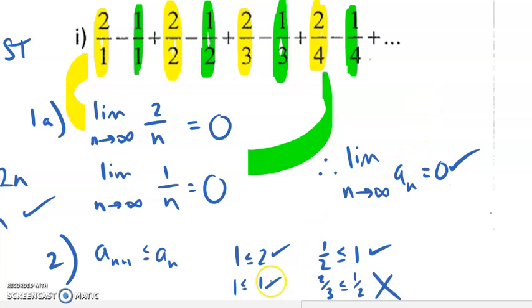Okay, so that's not good. But if that's the only time that happens, and then it continues to decrease from there, then who cares about the finite as long as the infinite holds? So let's keep on going. 2/3 is the last one, so we're going to go on to 1/3. 1/3 is in fact less than 2/3, right? So that checks out. And then we're going to move on to 2/4 compared to 1/3. 2/4 is 1/2.